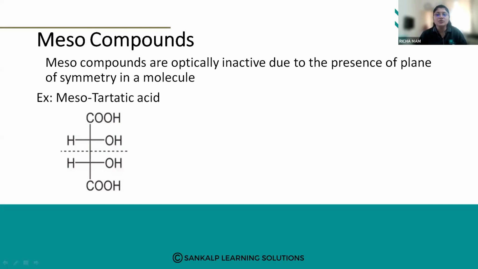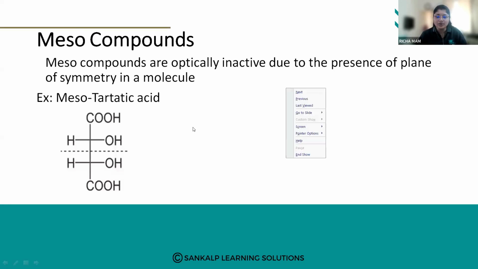These are also important terms in chemistry when we are studying the stereochemical aspects, how the arrangement of different molecules takes place in space, and how we can rotate the molecule in space.